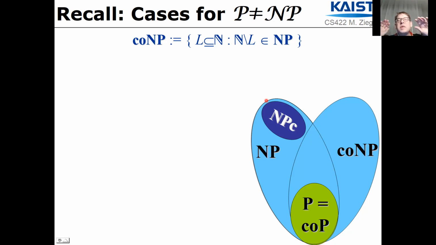So the relation between non-determinism and co-non-determinism is a big open question, almost as big an open question as the P versus NP problem, because if P is equal to NP, then of course also co-NP is equal to co-P, and co-P is the same as P. The complement of determinism is the same as determinism.